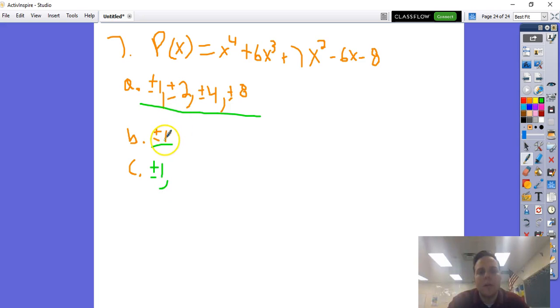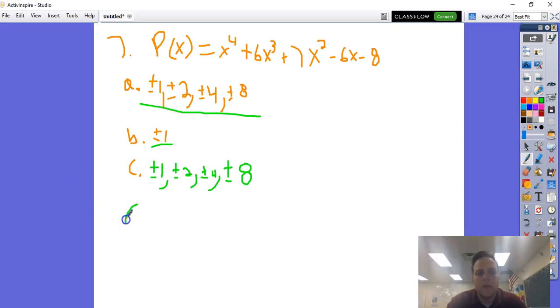Plus or minus 2 divided by plus or minus 1 is plus or minus 2. Plus or minus 4 is plus or minus 4, and plus or minus 8 is plus or minus 8. So here are all the numbers that I could potentially have to check.